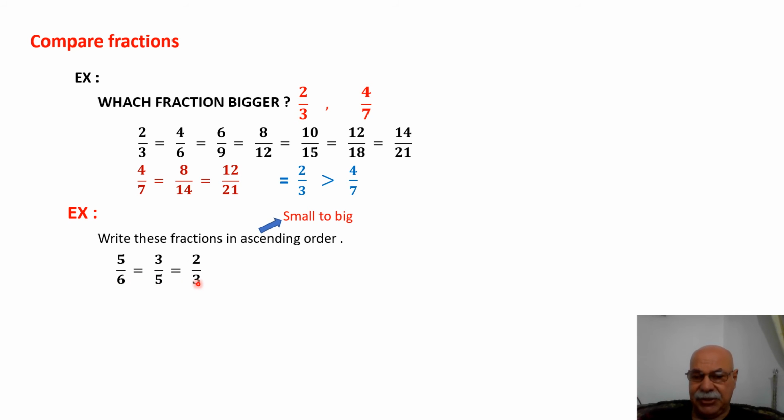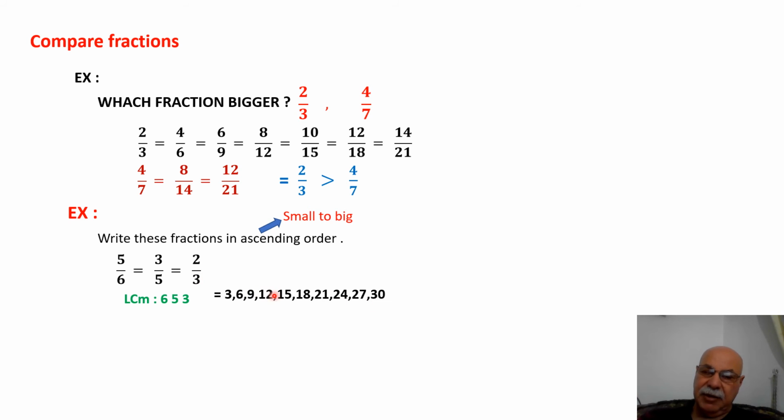We are here just looking at the lowest common multiple of the denominators: 6, 5 and 3. We start from 3, the timetable for it: 3, 6, 9, 12, 15, 18, 21, 24, 27, and 30.